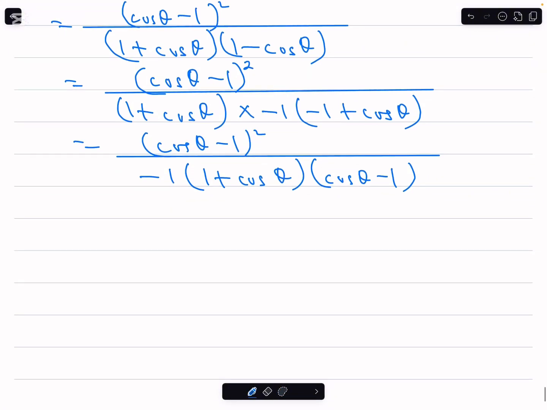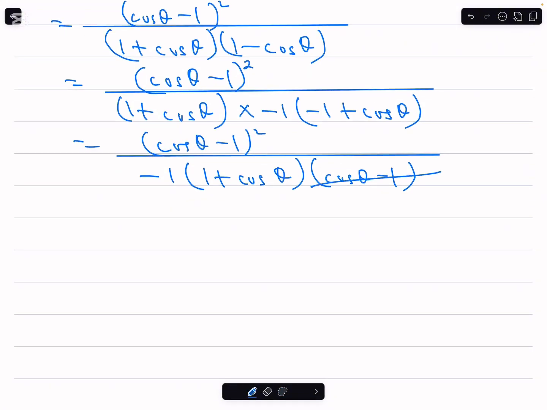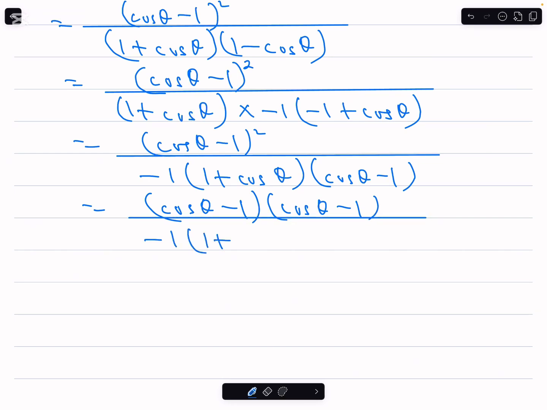And that simply means cos theta minus 1 cancels one of the cos theta minus 1s here, because this is actually, maybe I should even show that, this is cos theta minus 1 times cos theta minus 1 all over minus 1 into bracket 1 plus cos theta times cos theta minus 1.